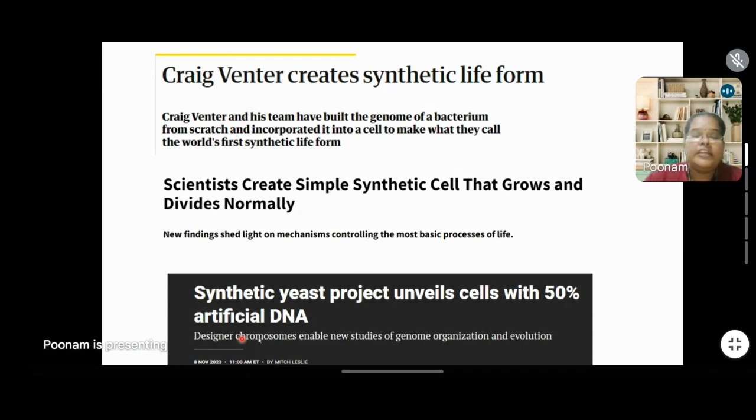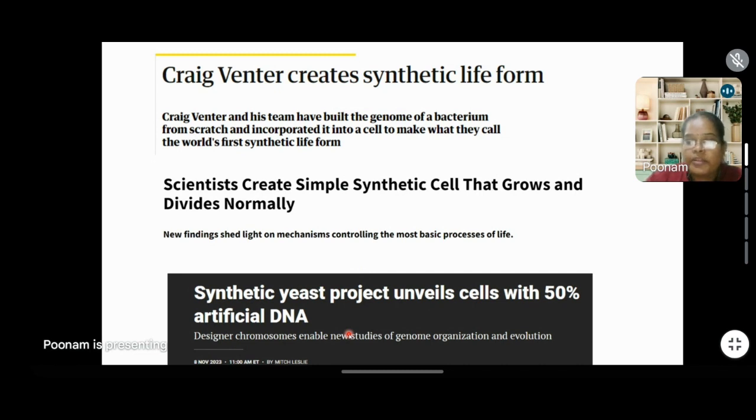And this one is the most recent, as you can see from the date mentioned here, November 2023. It says the synthetic eukaryotic yeast project unveils cells with 50% artificial DNA. This is Saccharomyces cerevisiae, which has been synthesized inside the lab.